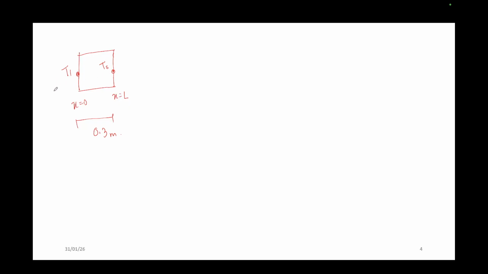This value is given as say 200 degrees centigrade. Okay, and the value of Ts is given as 142.7 degrees centigrade, right? This is given, and another thing given is the temperature profile.